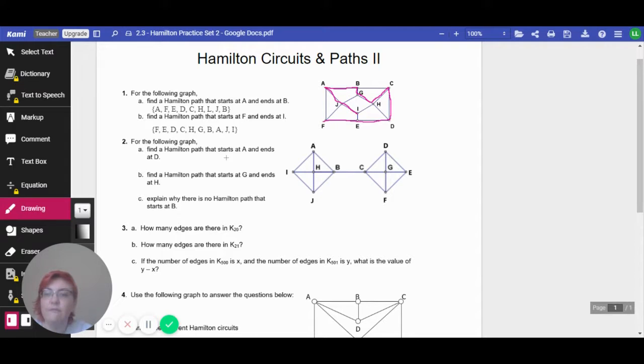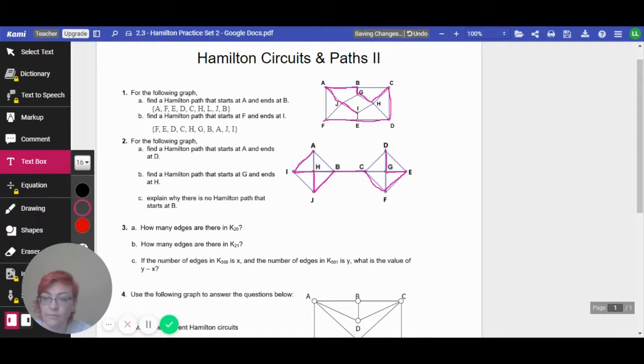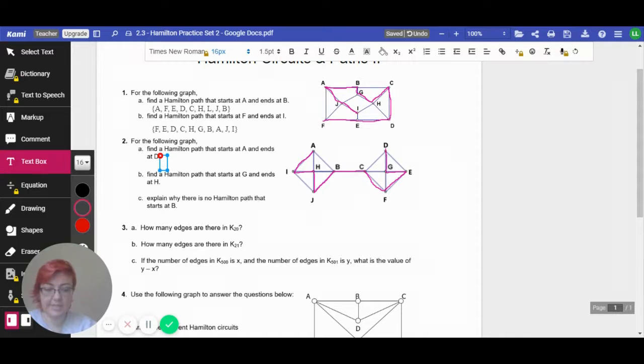All right. For the following graph, find a Hamilton path that starts at A and ends at D. All right, I'm going to go A, I, H, J, B. So now I've done every vertex over here. So I'm going to travel the bridge to C. I'm ending at D. So F, E, G, D. And I'll just go ahead and type that in.